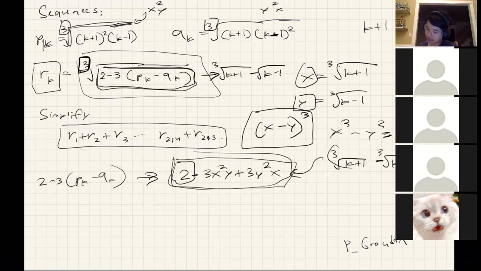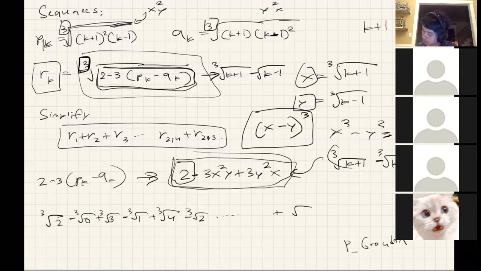So we're actually going to have cube root of 2 minus cube root of 0 plus cube root of 3 minus cube root of 1 plus cube root of 4 minus cube root of 2, plus cube root of 2016 minus cube root of 2014, something like this, okay?